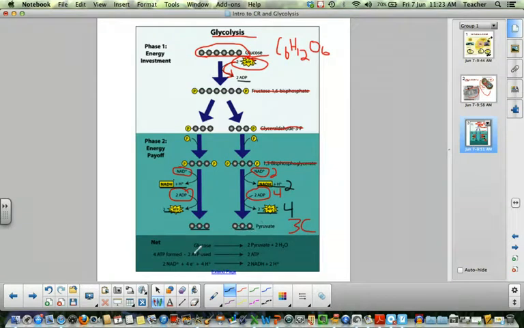Now let's sum it up at the bottom here. So we took glucose, we took our 2 ATP, we took our NAD pluses, and we turned the glucose into 2 pyruvate. There's some water there too.